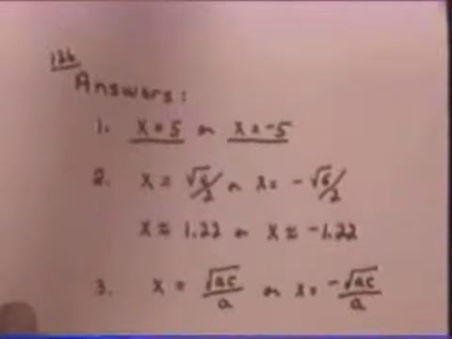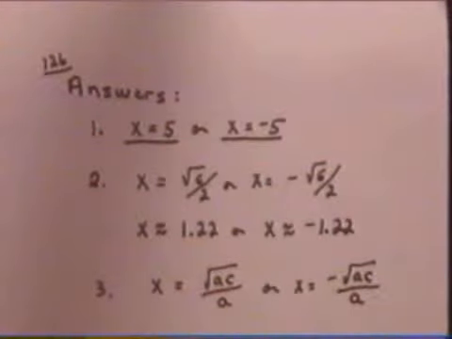Here come your answers. For the first one, x is 5 or x is negative 5. For the second one, x is approximately 1.22, or x is approximately negative 1.22.